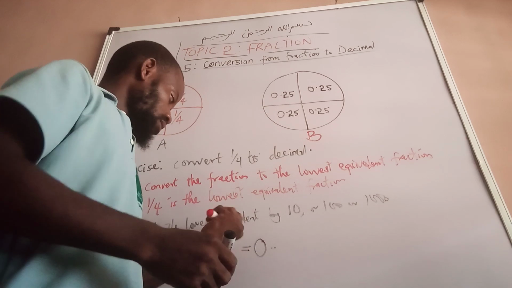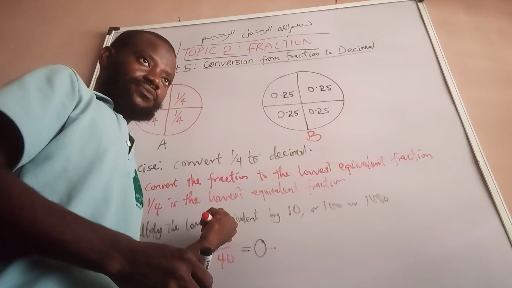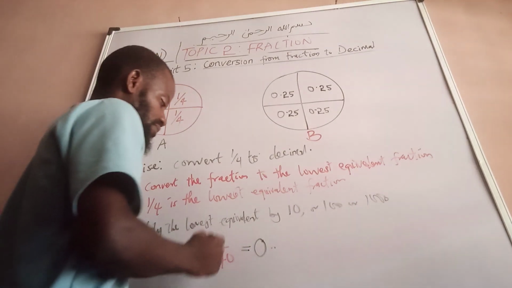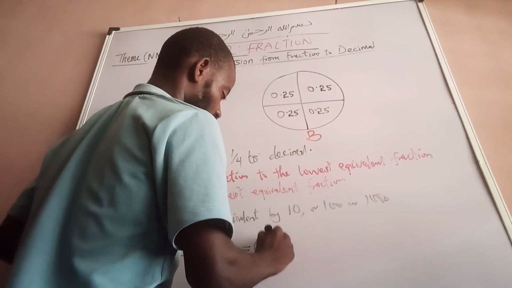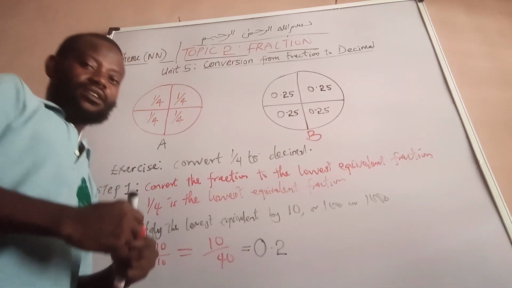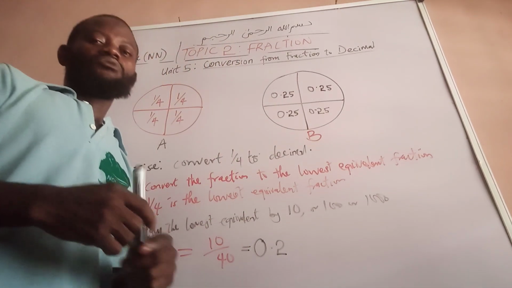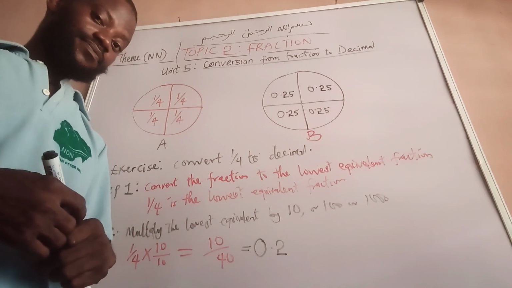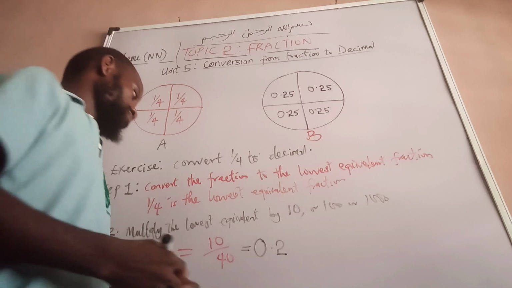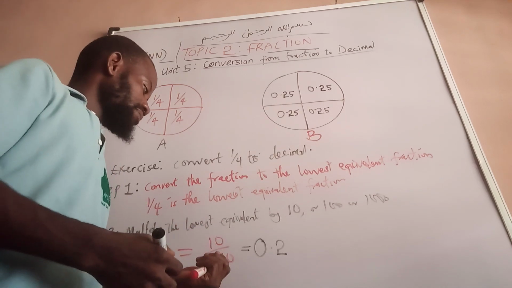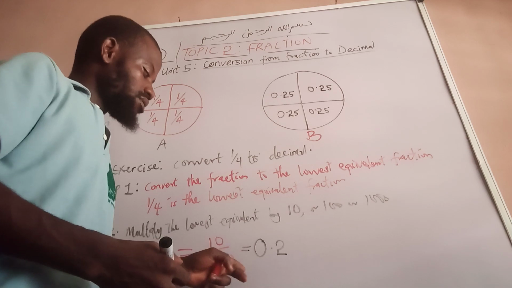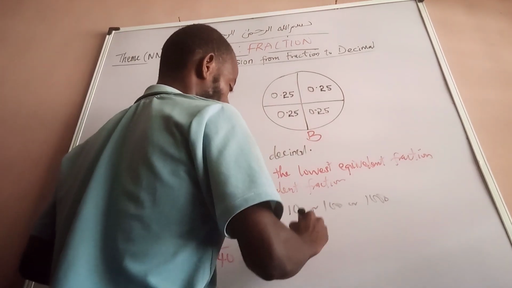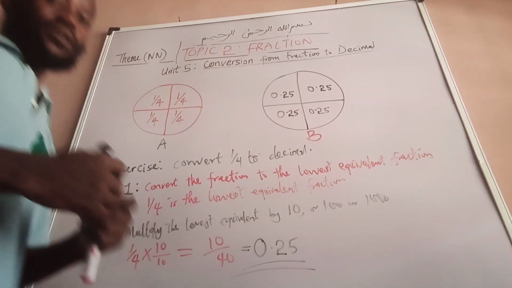Now this 0, you carry it here, making 100. How many 40 can you find in 100? 2, because it will be 80. It will remain 20. We can't find 40 in 20. Borrow 0 again, put it at the back of that 20, making 200. How many 4 can you find in 200? 5. So 0.25. That is 1.